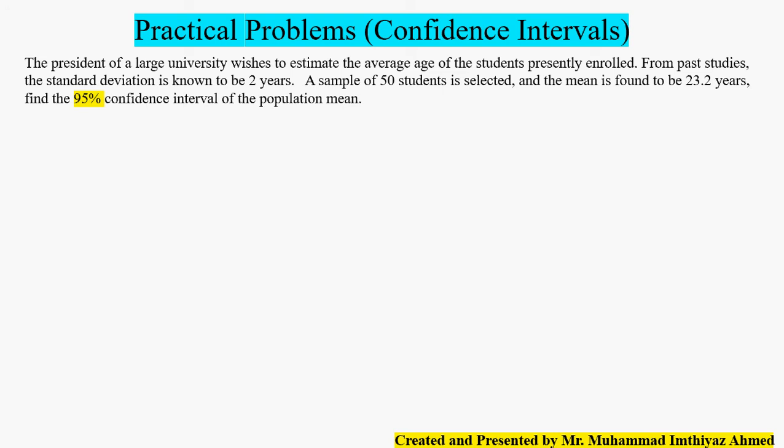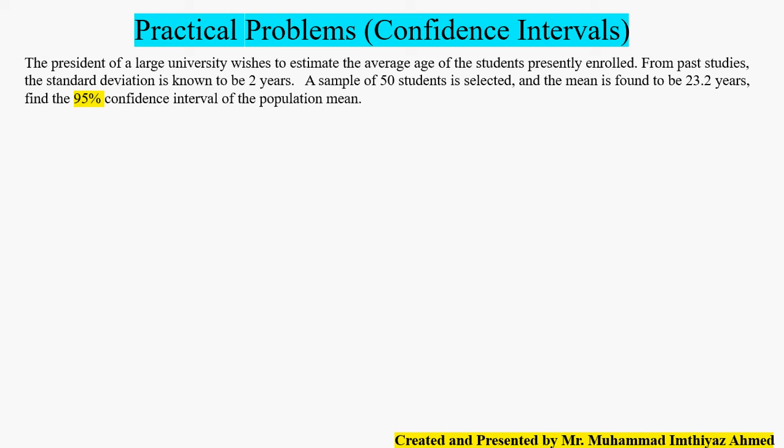From past studies, the standard deviation is known to be 2 years. A sample of 50 students is selected and the mean is found to be 23.2 years. Find the 95% confidence interval of the population mean. So this is the problem.